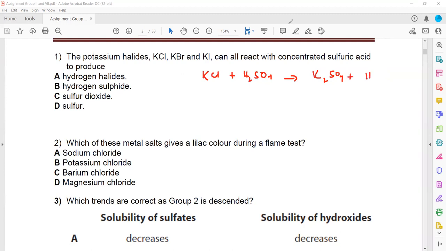Both possibilities are there. So we can also write KHSO4, potassium hydrogen sulfate, plus hydrogen chloride. So hydrogen halide is produced.